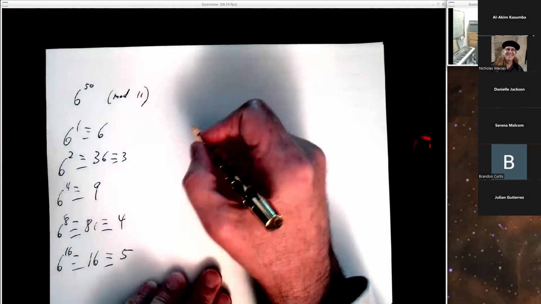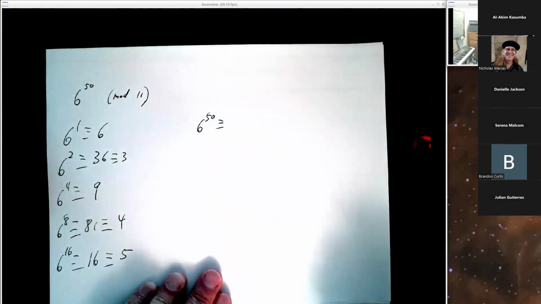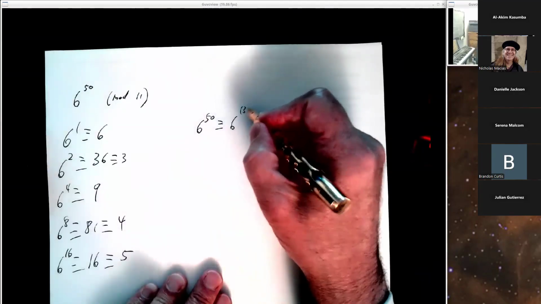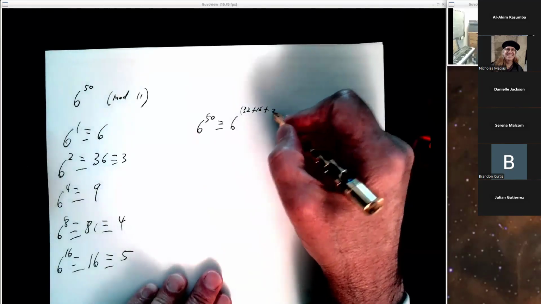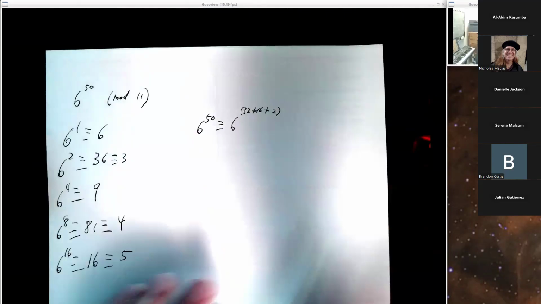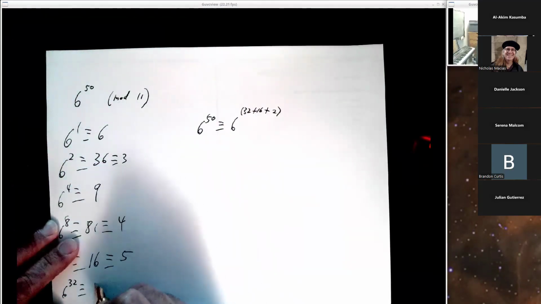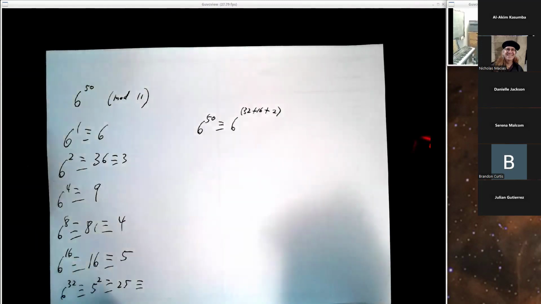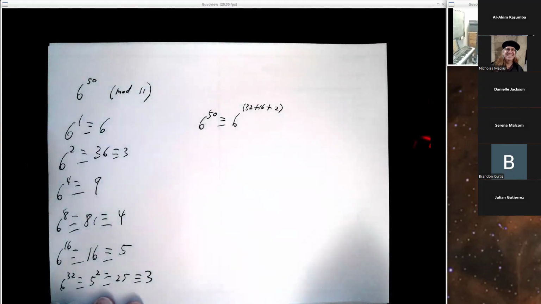And then 6 to the 50th, well, 50 is 48 plus 2. 48 is 32 plus 16. So it's 6 to the 32 plus 16 plus 2. We gotta go one more. 6 to the 32nd is 5 squared, which is 25, which is 3 more than 22. So this is congruent to 3.